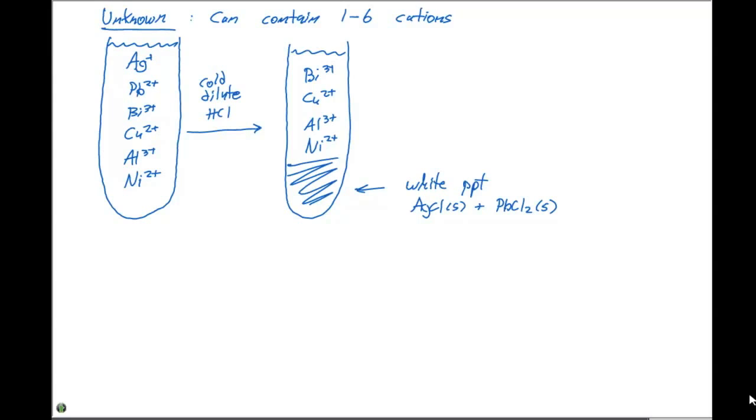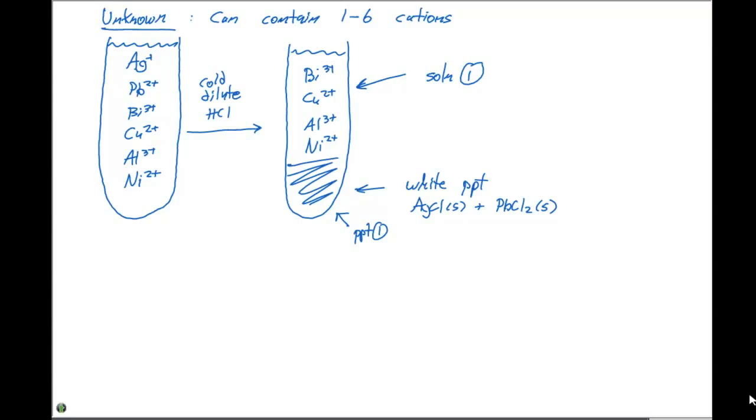And we can say that up top here, we're going to call this solution 1. And down here at the bottom, I'll call this precipitate 1. And what this is accomplishing is it is separating silver and lead from the other ions.